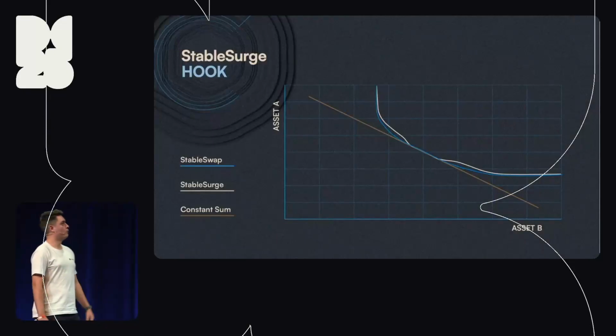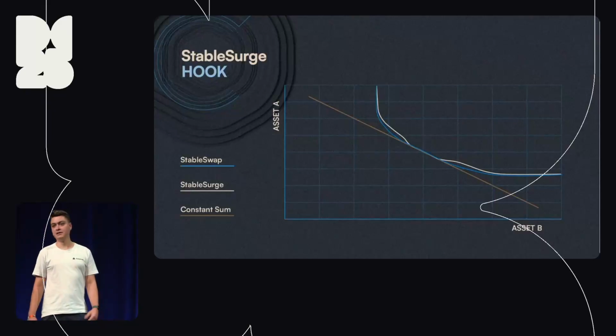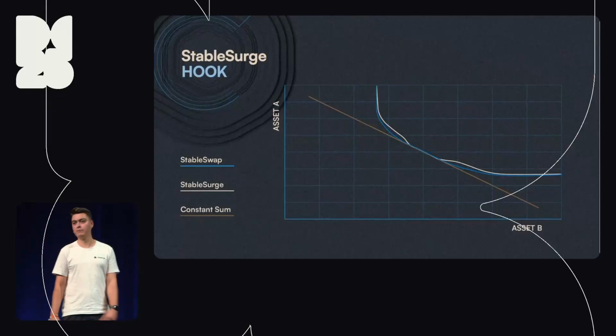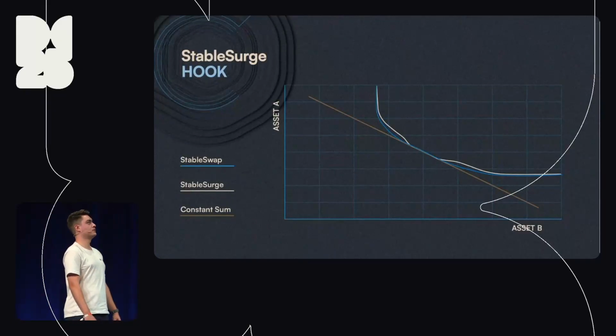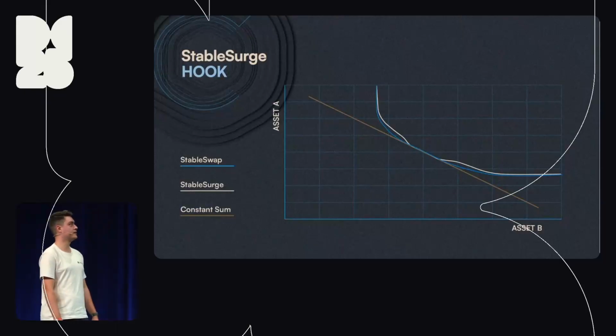And one latest, pretty interesting innovation by Balancer is the StableSurge hook. I would claim this is the hook with the most liquidity on chain, and probably the one that has facilitated the most volume if you compare existing hooks across DeFi.